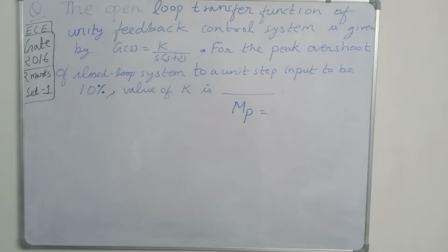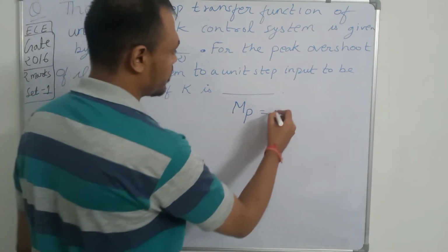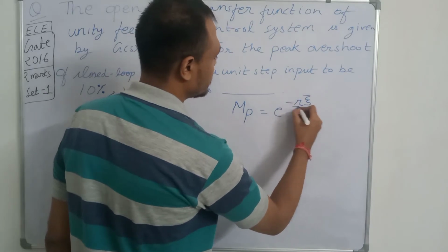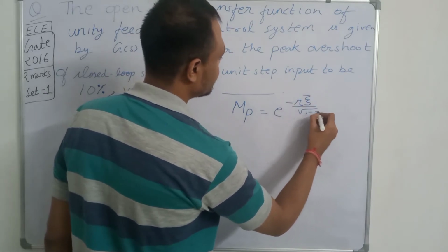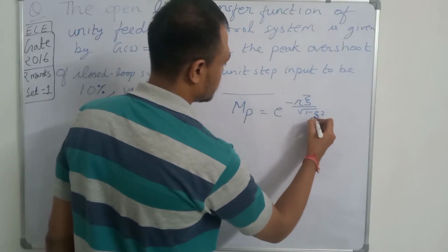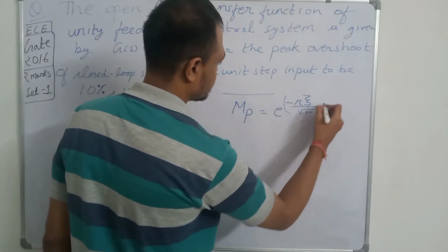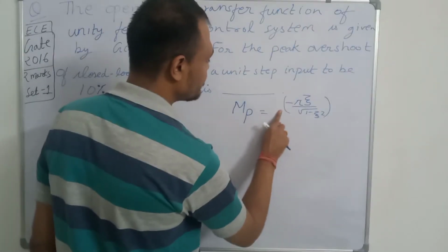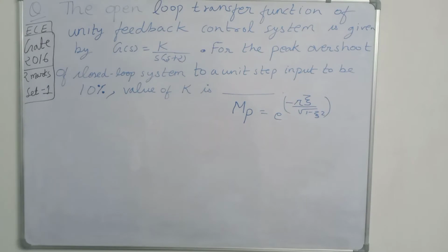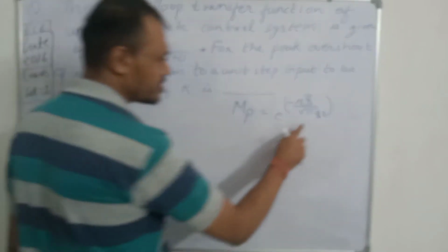It is given by Mp = e^(-πζ/√(1-ζ²)). This is the whole e to the power minus pi zeta upon under root of 1 minus zeta square.